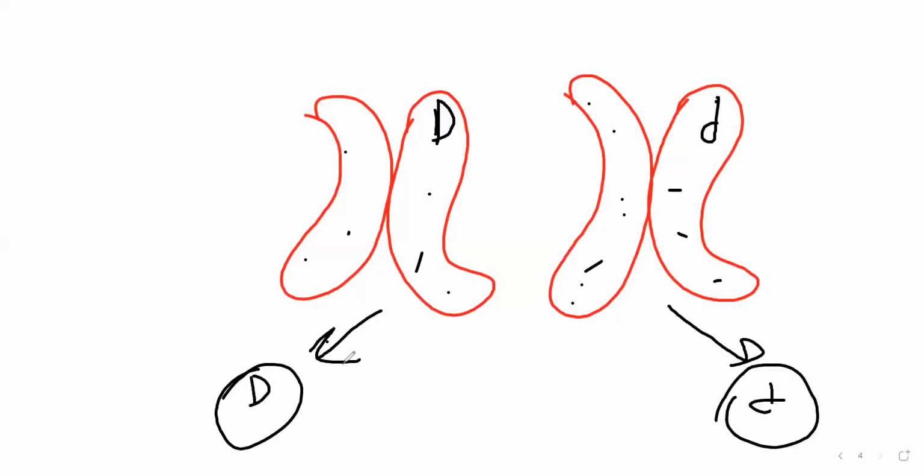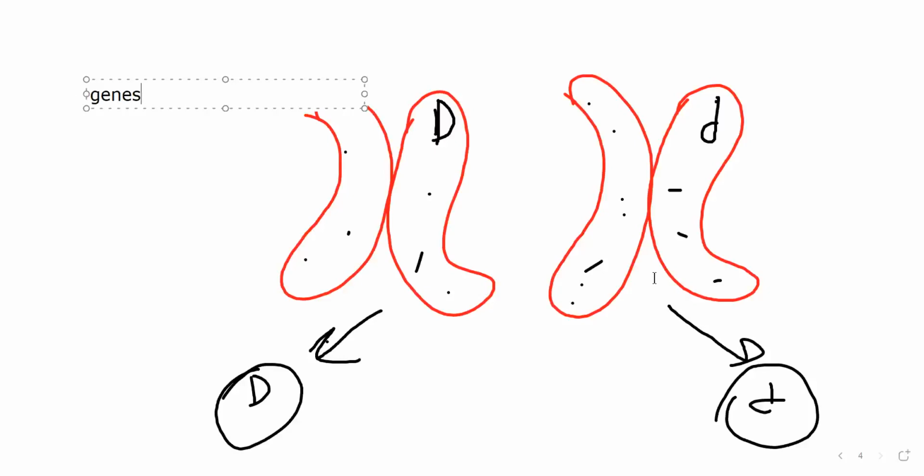What law is applying here? This is Mendel's first law, the law of segregation, which states that when two parents reproduce, the factors of inheritance are segregated. The factors of inheritance that Mendel was talking about, today we know them as genes. These factors or these genes separate and go into different gametes.